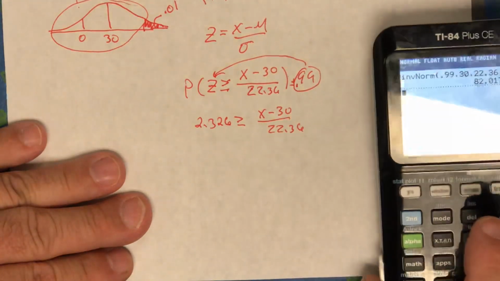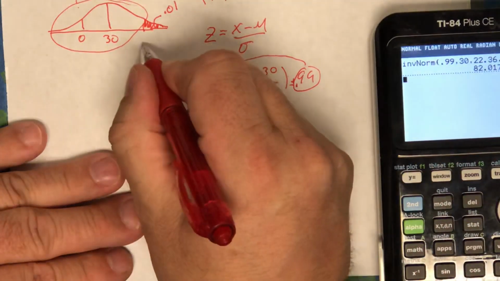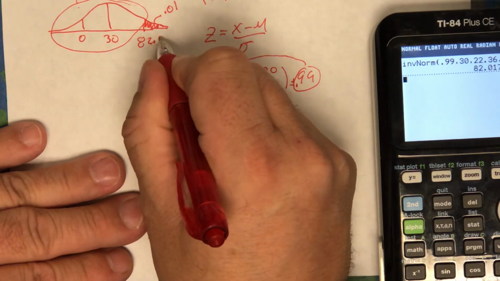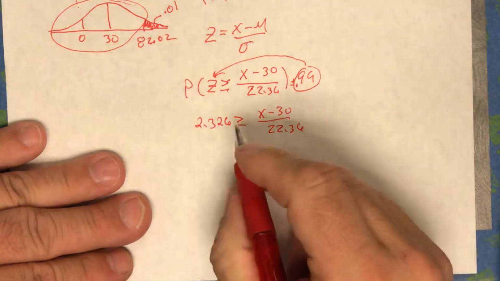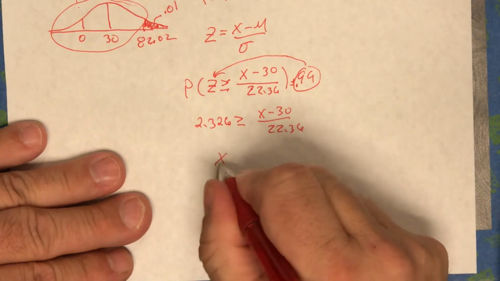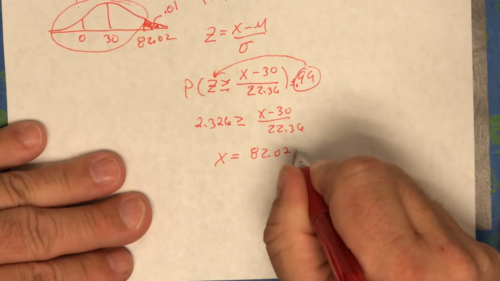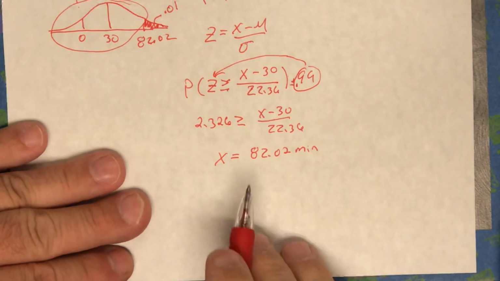And so 82.017. So this right here is 82.02. So the train would need to be delayed about 82.02 minutes. Okay, thank you.